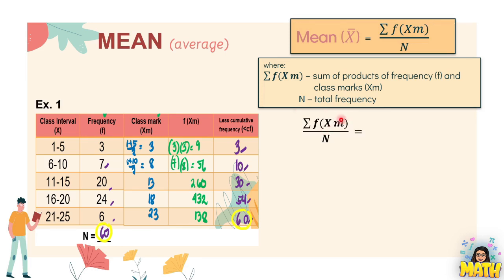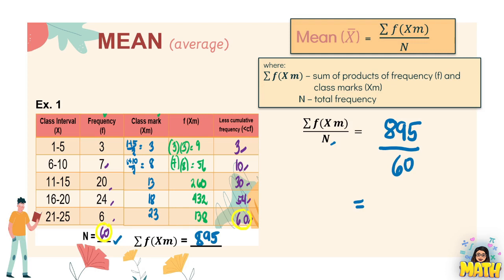For our numerator, since we already have the products of frequency and class mark using this column, we simply need to add the following: 9 plus 56 plus 260 plus 432 plus 138, that will give us the sum equal to 895, divided by our N, which is the total frequency, and that is 60.